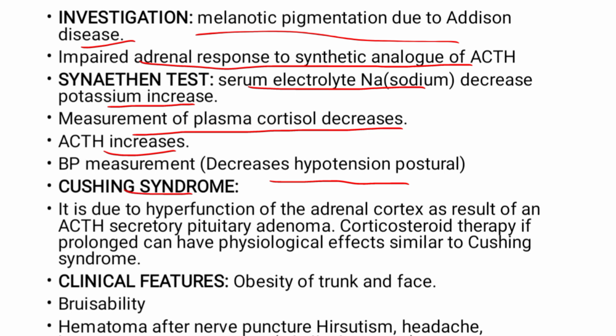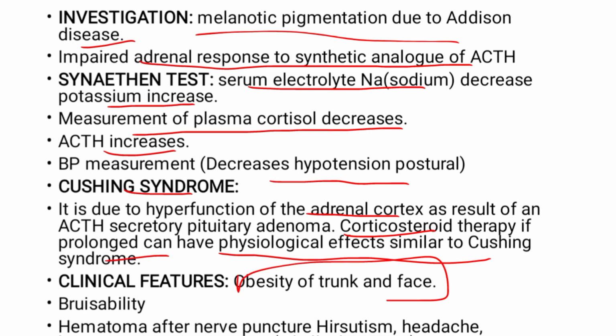Cushing syndrome is due to an increased production of corticosteroids, or an increased function of the adrenal cortex. It also occurs when a patient is on very long therapy with corticosteroids, which produces physiological effects similar to Cushing syndrome.